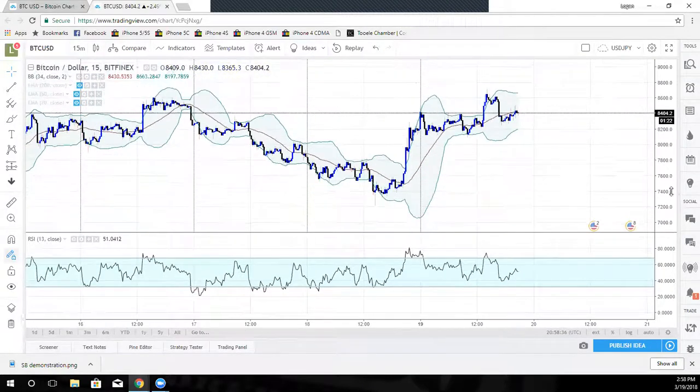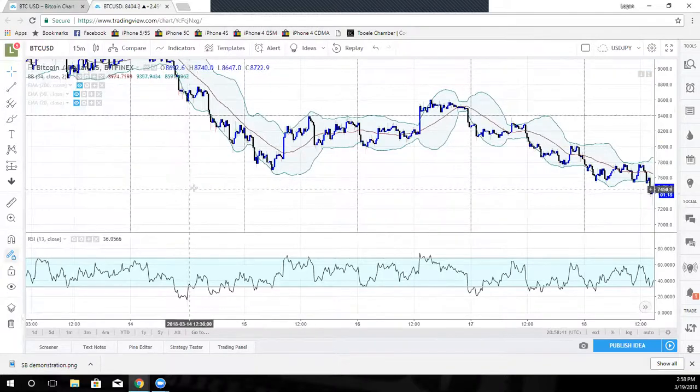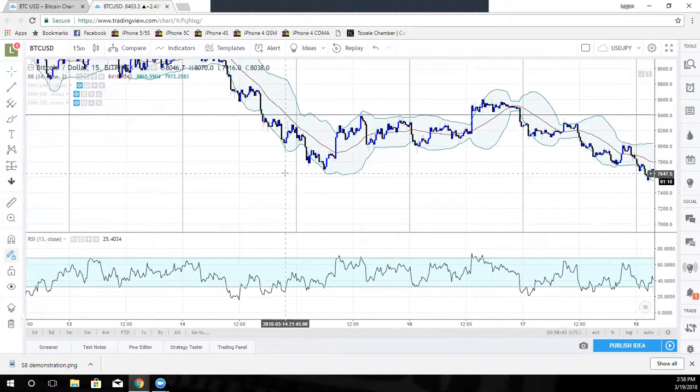Let's find a buy. Let's see if we can find a buy. Here's a good buy.